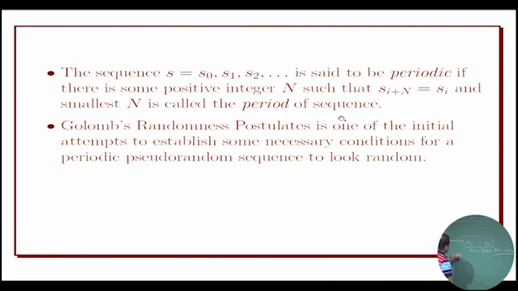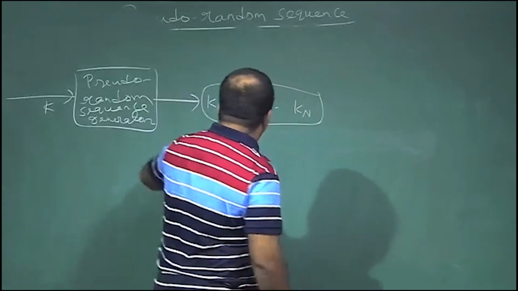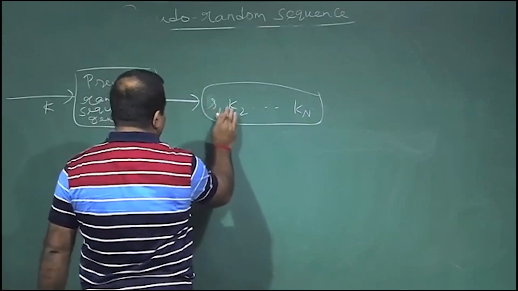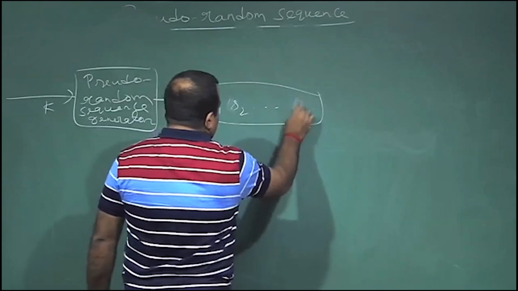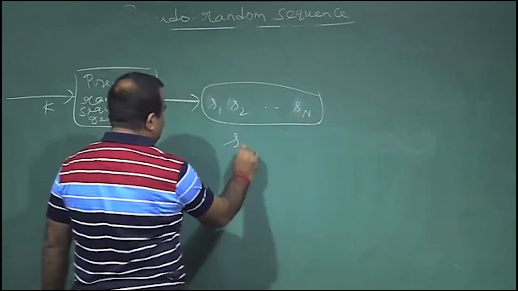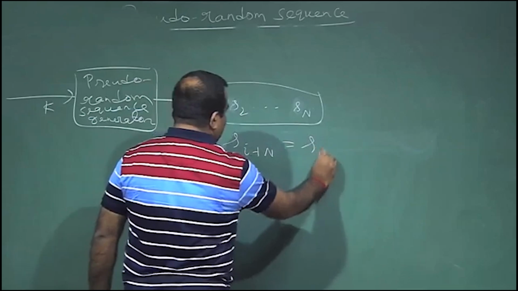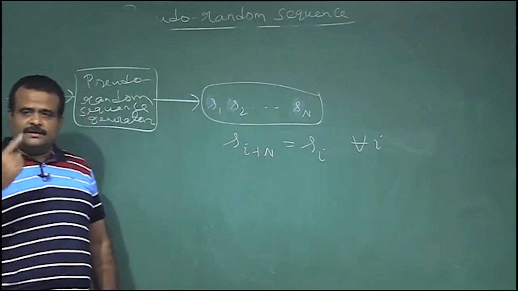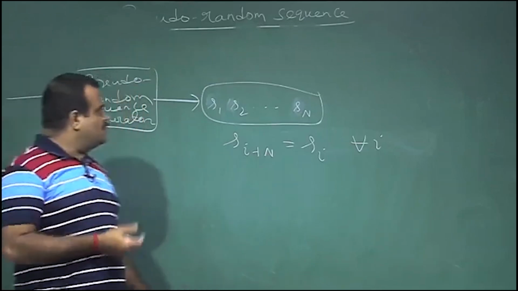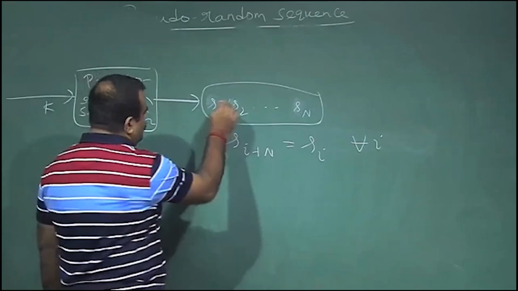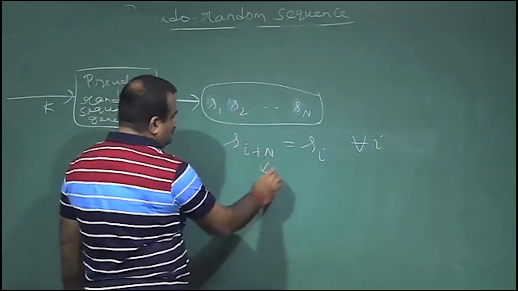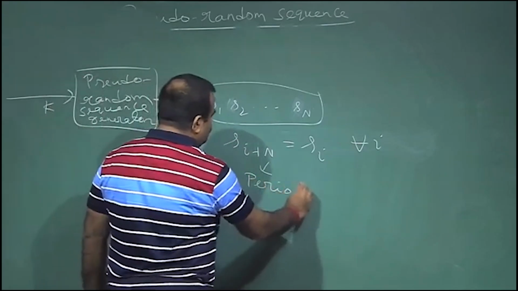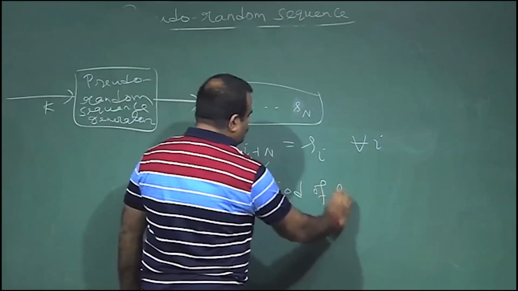So, we take a sequence, and if s_i plus n equals s_i for all i, that means after n iterations we have a repetition. So, that means this is a period. The minimum value of such n is called the period of the sequence.